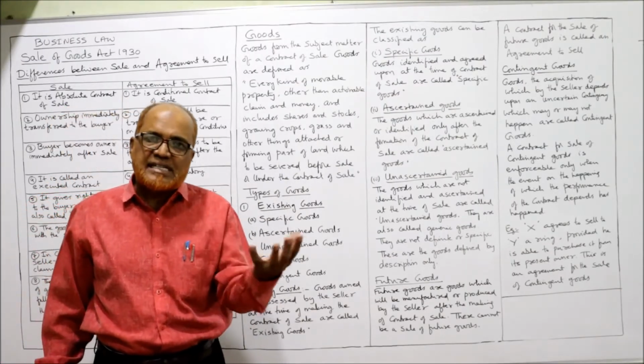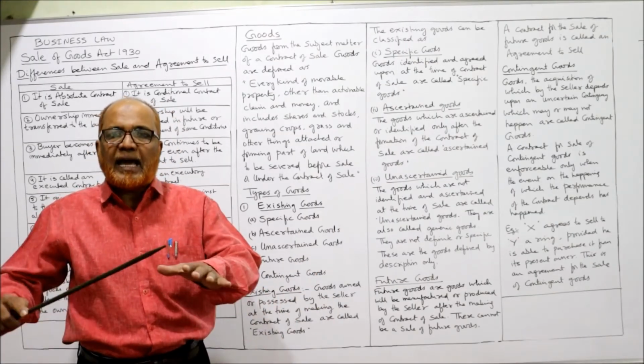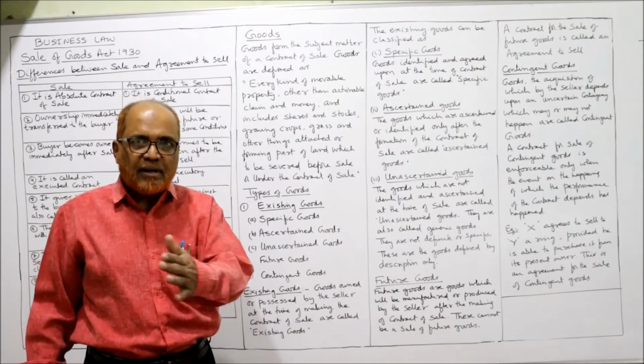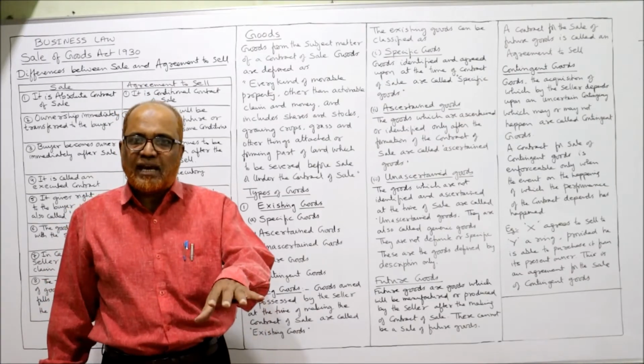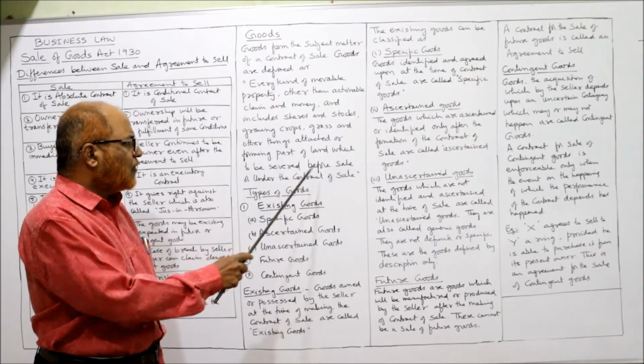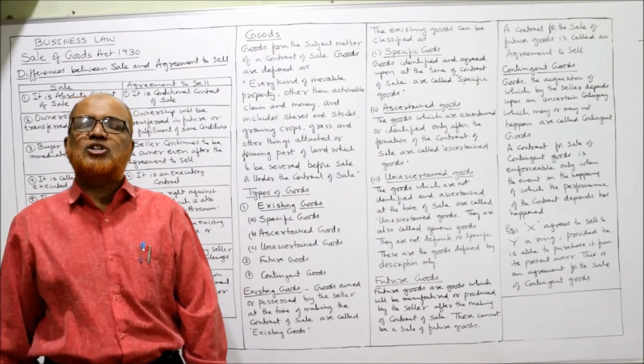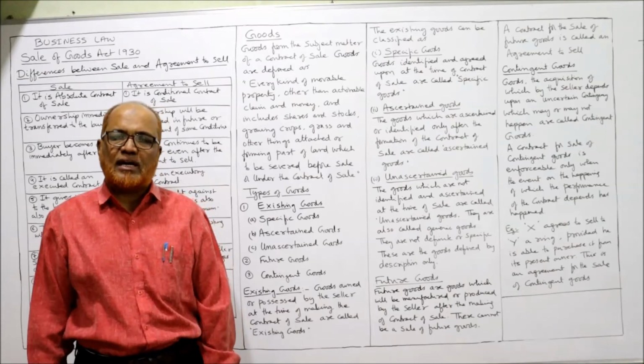Any other thing which is attached to or forming part of the land that can be severed, that can be detached at the time of sale or at the time of agreement to sell, before sale or under the contract of sale. So this is the complete definition given by Section 2 subsection 7 of the Sale of Goods Act. What is that?